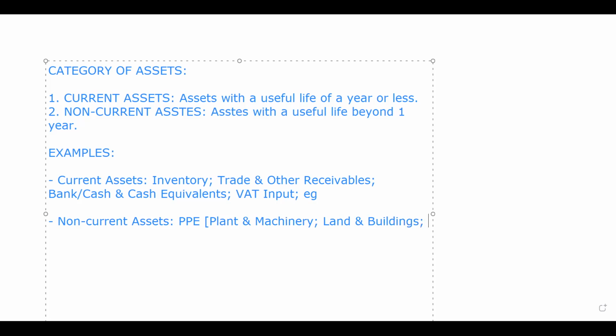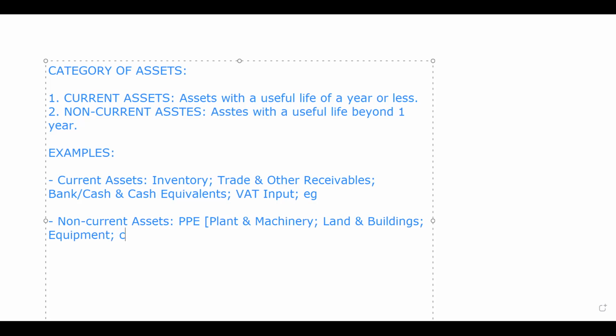Machinery, I've mentioned about it. Equipment. What else? Crane, right? What else? Motor vehicle. All these are typical examples of property, plant, and equipment assets.